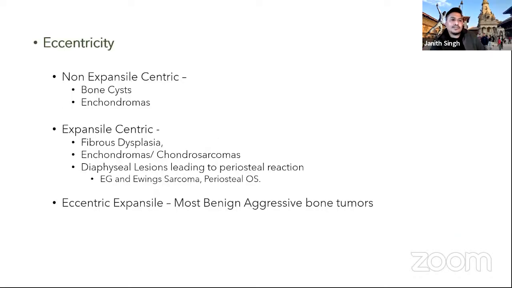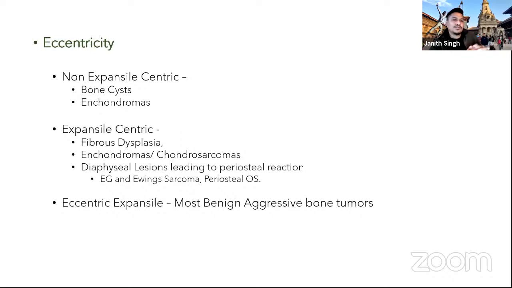Now, eccentricity. This is important because when you're examining a patient, you want to see whether the bone is concentrically enlarged, or enlarged at one side, that is, eccentrically enlarged. Rishi will touch base on this again. But if the whole thigh or the whole leg is enlarged, then you want to think of diagnoses like fibrous dysplasia, enchondromas, chondrosarcomas, or if it's in the diaphysis, then most likely Ewing sarcoma, eosinophilic granuloma or periosteal osteosarcoma.